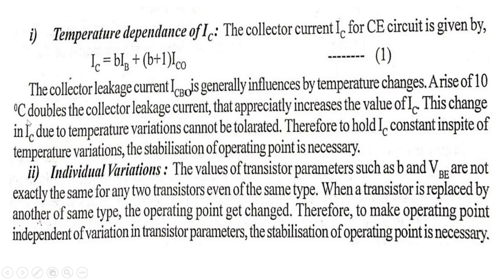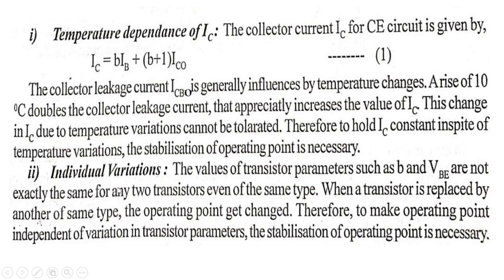A rise of 10 degrees Celsius doubles the collector leakage current, which appreciably increases the value of IC. This change in IC due to temperature variation cannot be tolerated. Therefore, to hold IC constant in spite of temperature variation, the stabilization of the operating point is necessary.